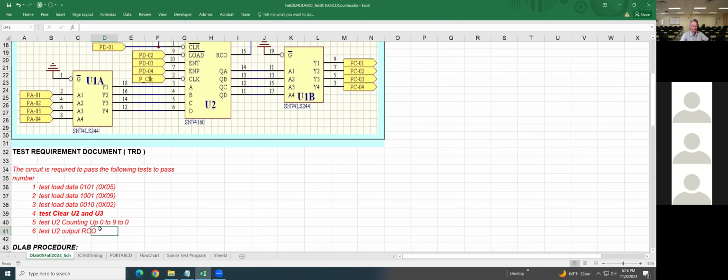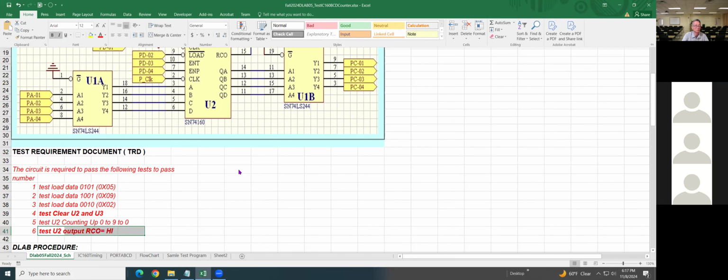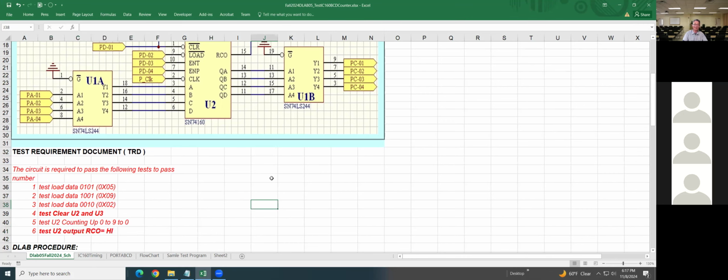Equal. Okay? Does that make it clear to you guys? Any questions?